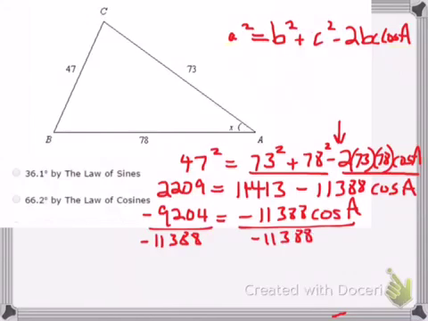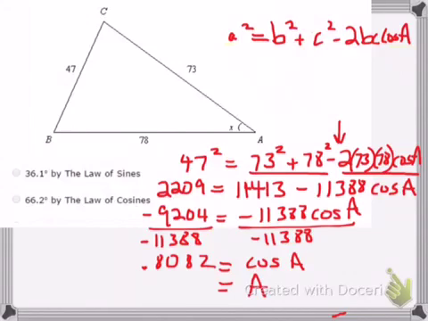When we do that, we're going to have the cosine of A equals approximately 0.8082. Again, you want to always keep at least 4 decimal places to get the accuracy of your angle right.